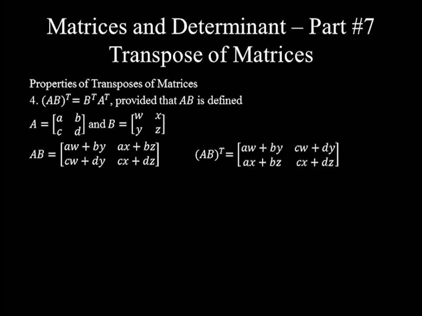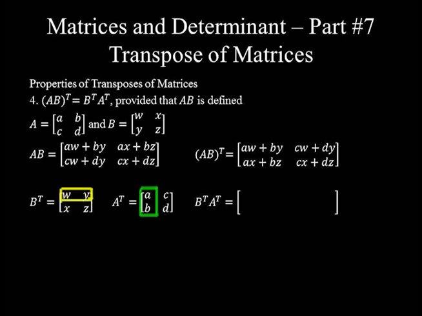For solving B transpose times A transpose, let's determine the transpose of each matrix. By interchanging the rows and the columns, we can find that B transpose equals [W, Y; X, Z] and A transpose equals [A, C; B, D]. So B transpose times A transpose equals: row 1 of B transpose times column 1 of A transpose equals AW plus BY. Row 1 of B transpose times column 2 of A transpose equals CW plus DY.